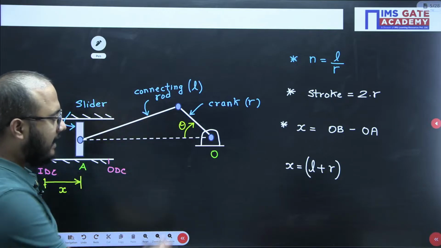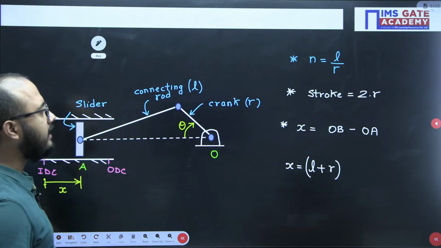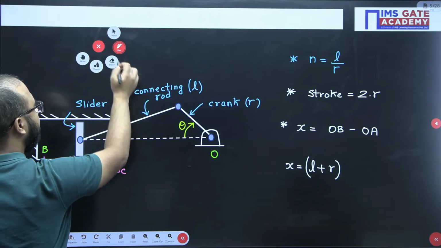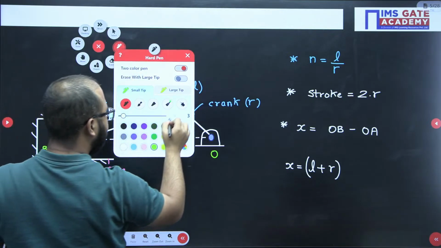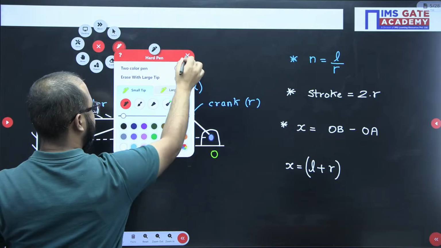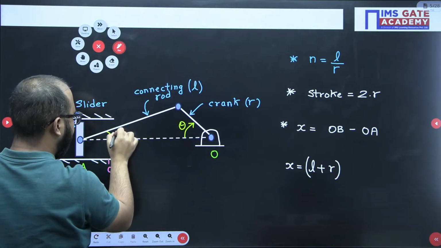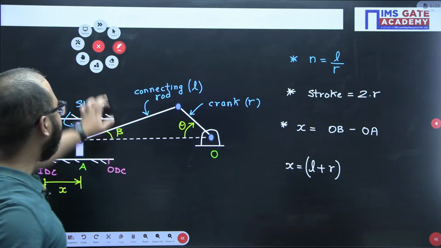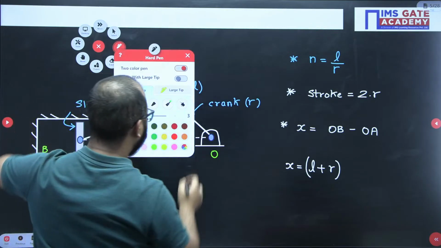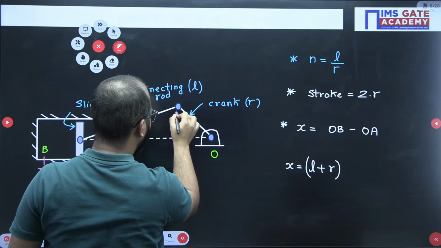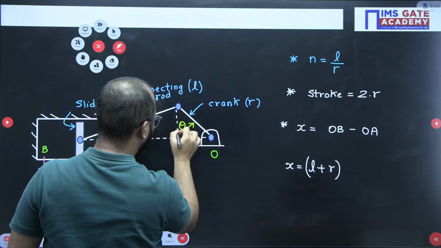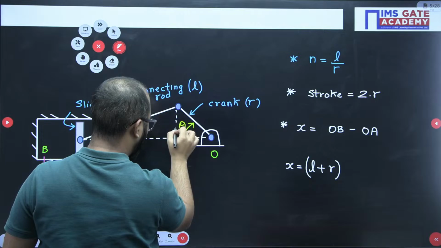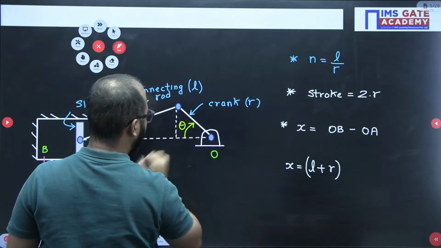Okay, so that OB we have written, but how to write the OA distance? For this one, let us consider this angle as beta. Let's suppose from here one perpendicular line I have drawn.